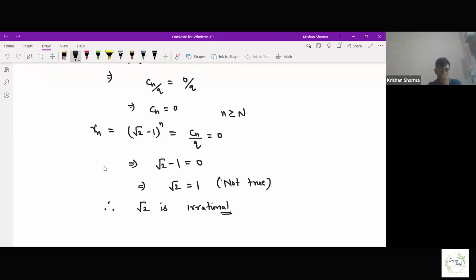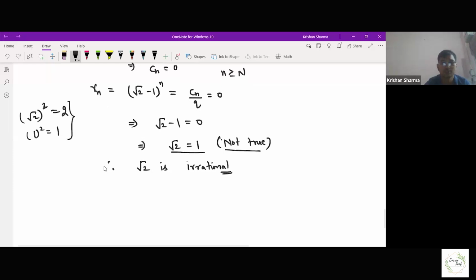Okay. So there is a mathematical technicality that you have to prove why square root 2 is not equal to 1, because if you square it, you will get 2, but if you square 1, you will get 1. That's a mathematical technicality, but we will go for that later.